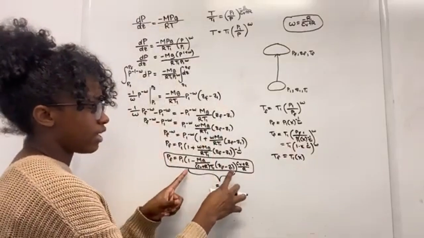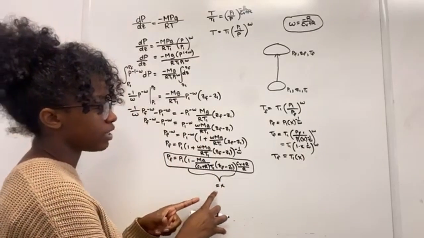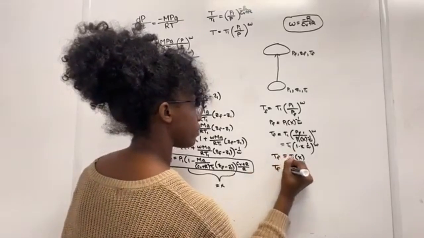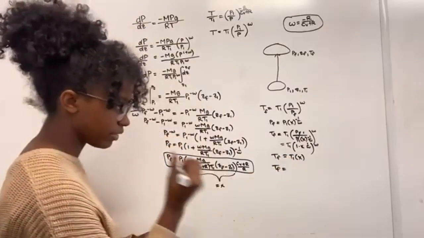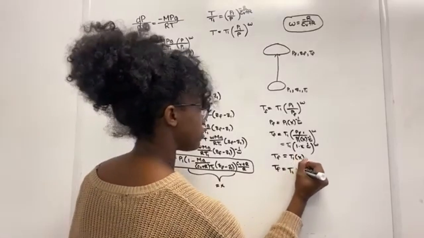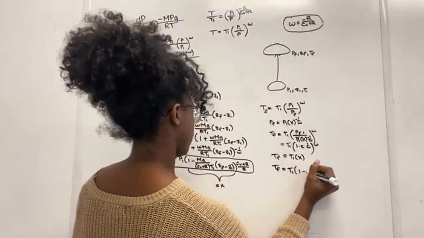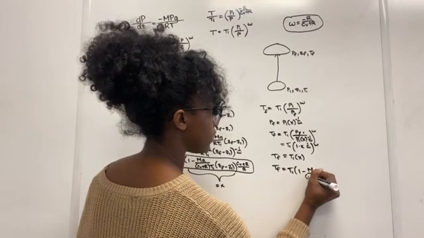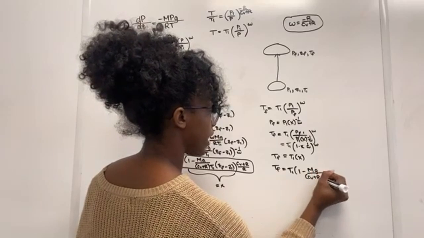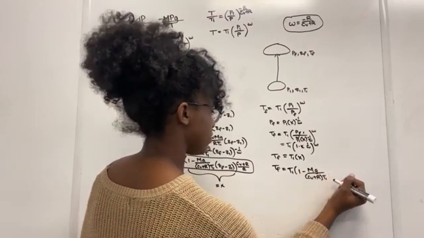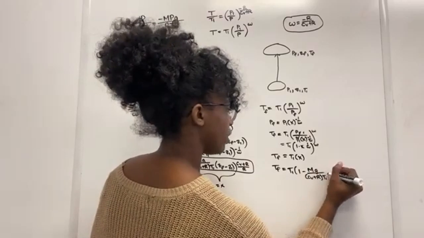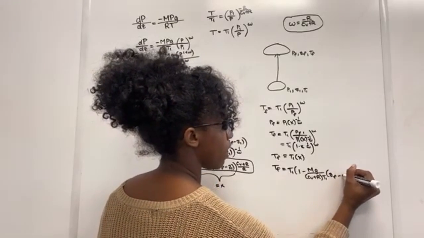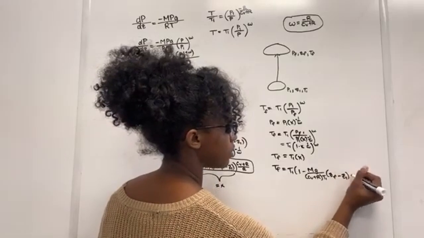And we said that everything in the parentheses would be equal to X, so our equation for the final temperature is equal to the initial temperature times 1 minus the molecular weight times the acceleration due to gravity divided by the constant volume plus the ideal gas constant times the initial temperature times the final altitude minus the initial altitude.